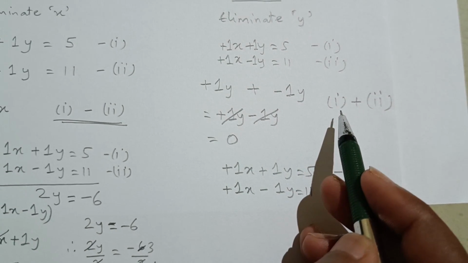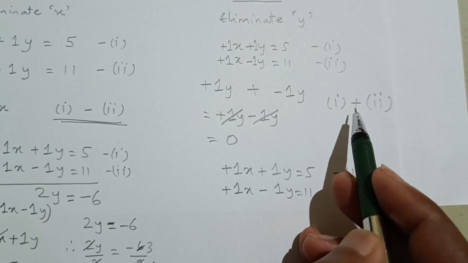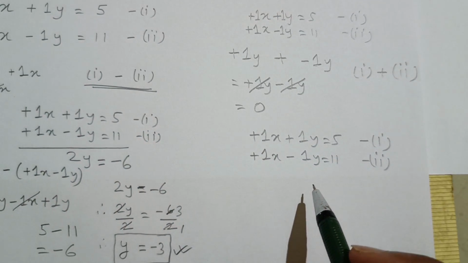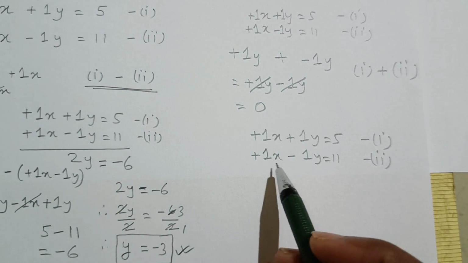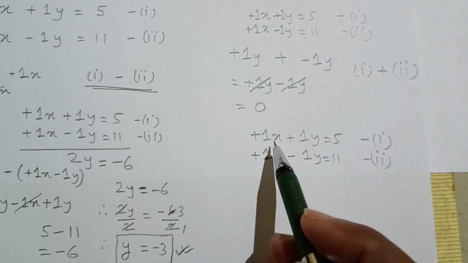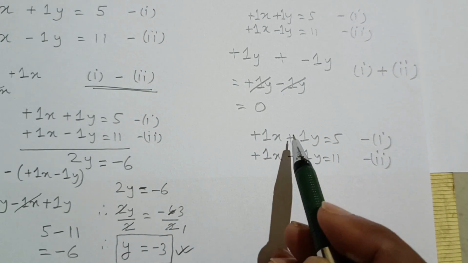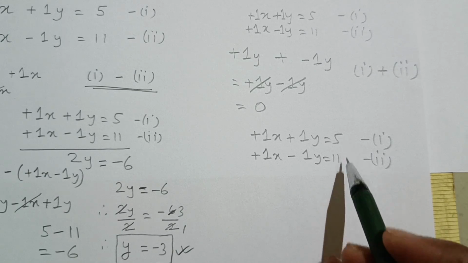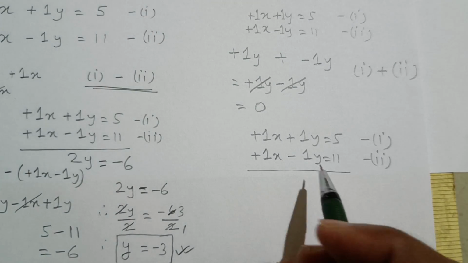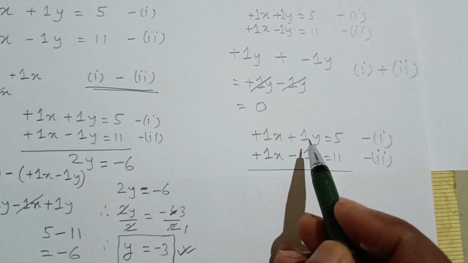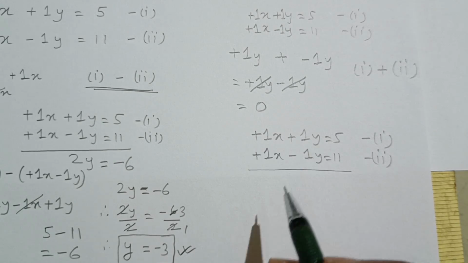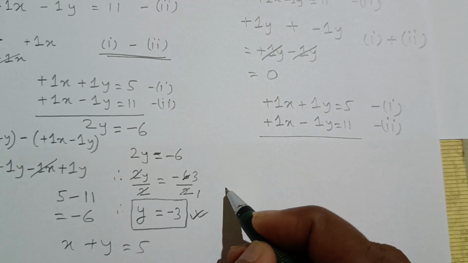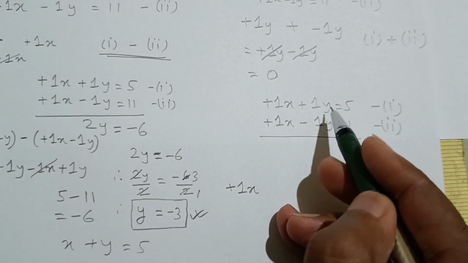Now we are doing equation 1 plus equation 2. We will do equation 1 plus equation 2 on the left hand side, and we will do equation 1 plus equation 2 on the right hand side. So let us do it. First let us simplify the left hand side. Equation 1 is this, so let me write it down. Plus 1x plus 1y.